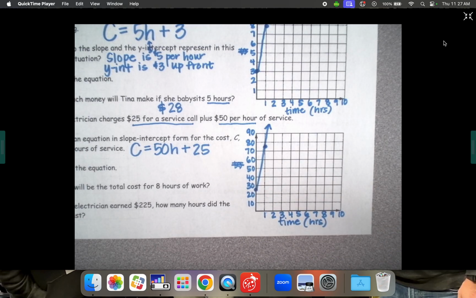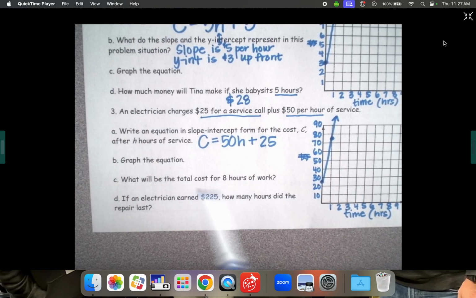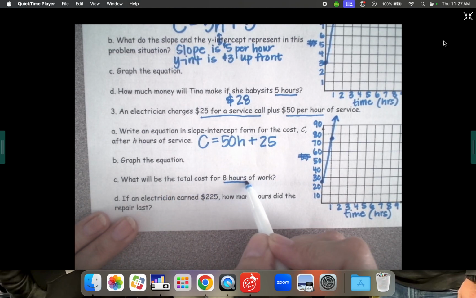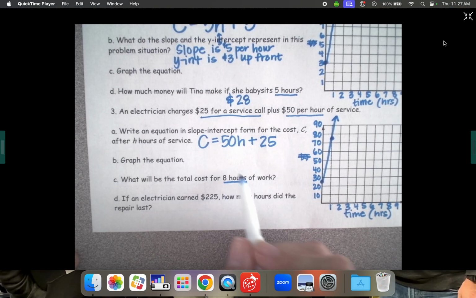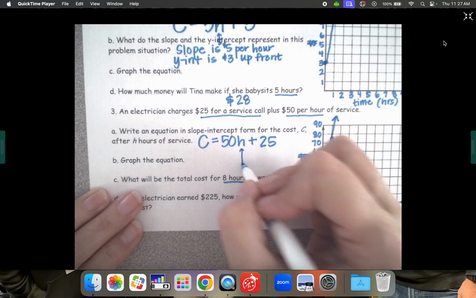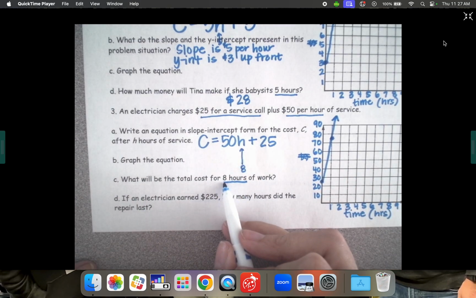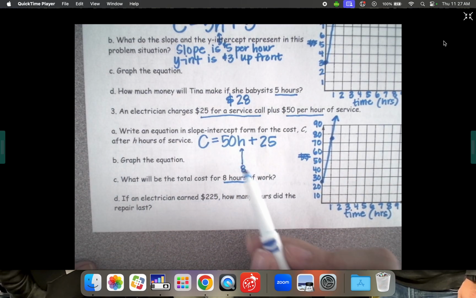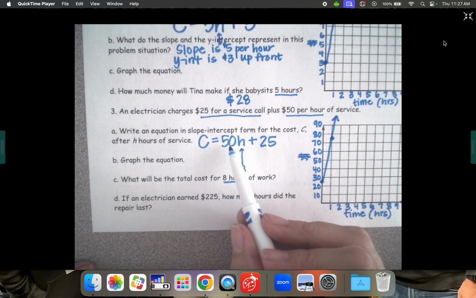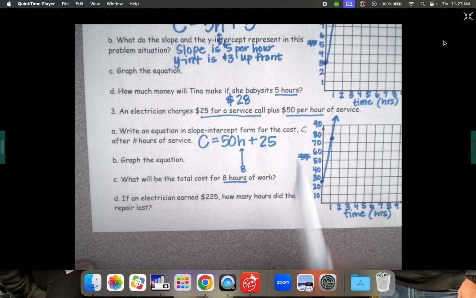Okay, but let's go ahead and use our equation to find the total cost if he or she happened to work for 8 hours. That's a lot. That's going to be very expensive. So instead of just H, we know we want it to be 8 because we're asking about 8 hours. So we're going to take H, which is 8, times 50 plus 25.